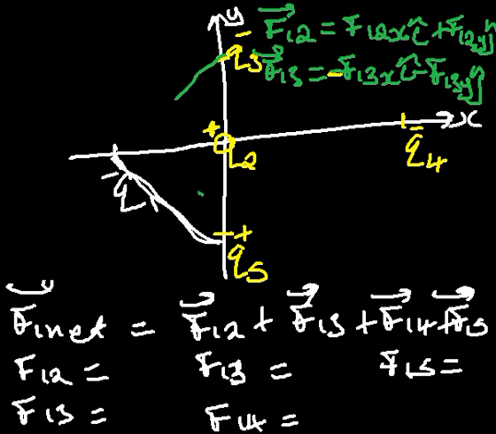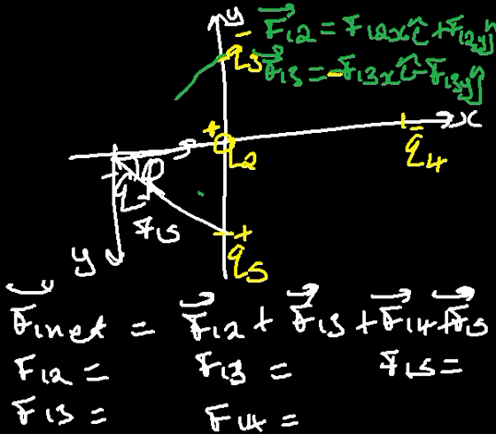These charges are unlike charges, and the direction of the force F15 will be towards this charge. So in this case the force will be in this direction. That is F15, and this is the angle that will be used to resolve the force into components. So this will be the Y component, and this will be the X component. And we can find this angle using the trigonometric ratios. If we have this one and also this one, we can find this angle.